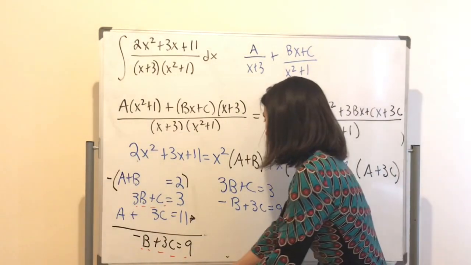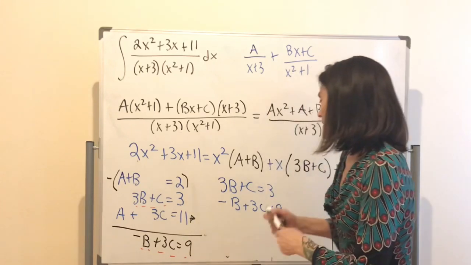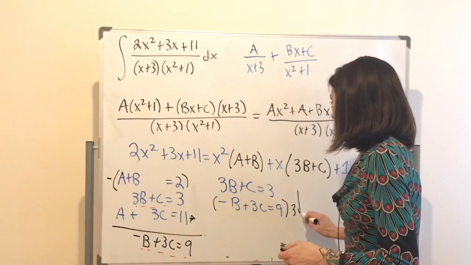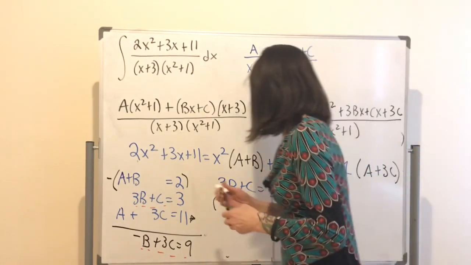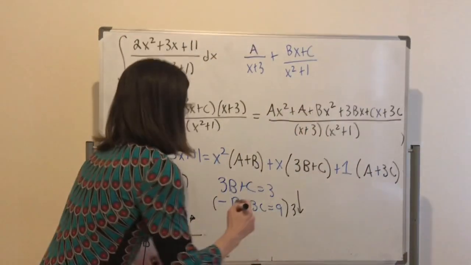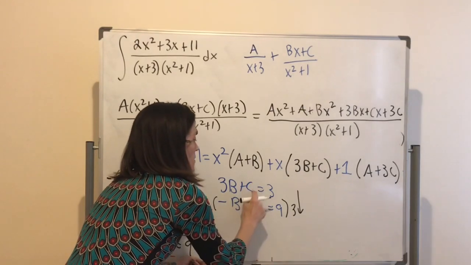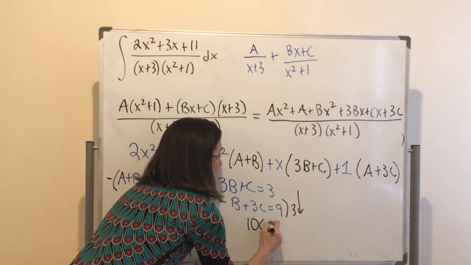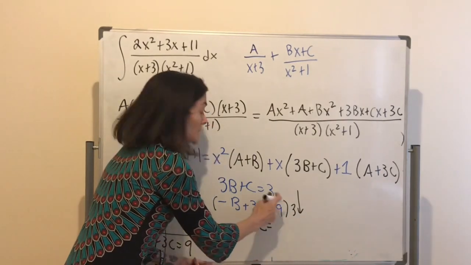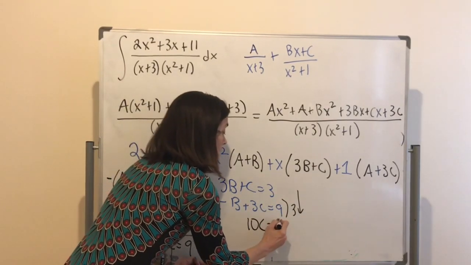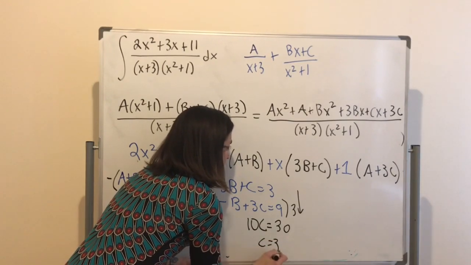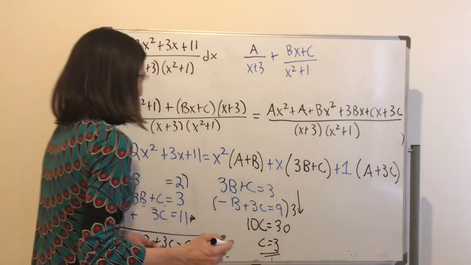Maybe I will just multiply, because I see a negative, I'll multiply this one by 3 and add. And I wind up getting, this adds to 0. This is 1 plus 9. We have 10c equals, this is 27 plus 3 gives me 30. So c equals 3.